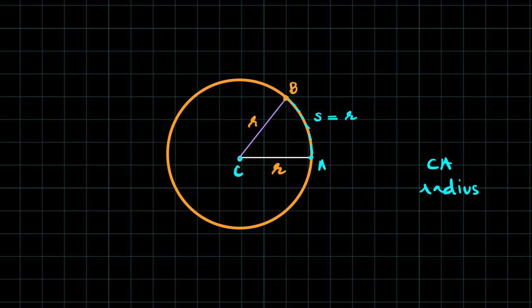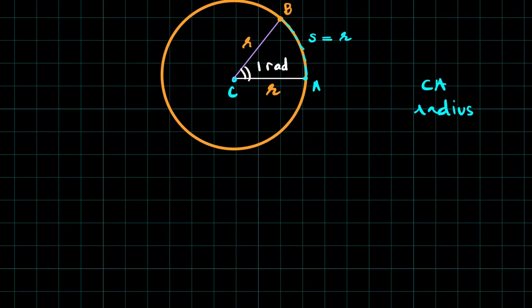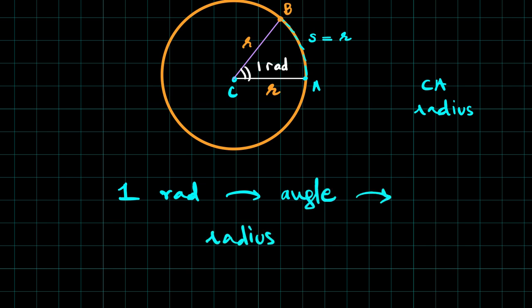If such is the case, this angle that is formed over here, this is defined as 1 radian. So what's the definition of a radian? 1 radian, to be specific, is defined as the angle that is formed when the radius equals the arc length of this particular sector.